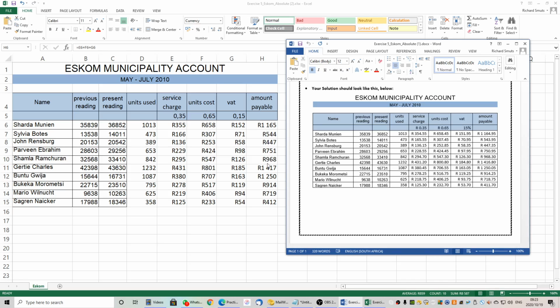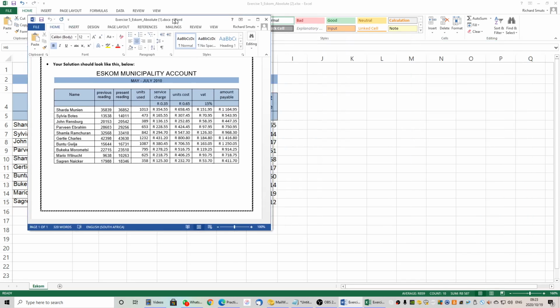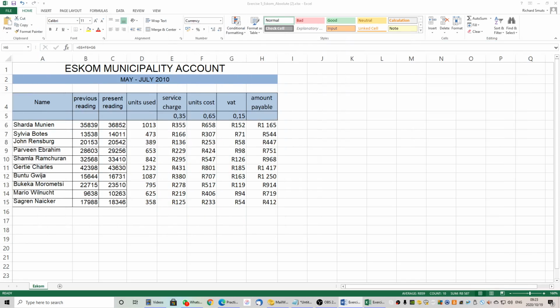Mine has rounded up because I've used 0 decimal places. So if we have a look here, 411.70, mine is rounded up to 412. 1165, mine is rounded up there. So basically that is correct. In your case, you will use 2 decimal places. Check your work at the end when you have completed it.